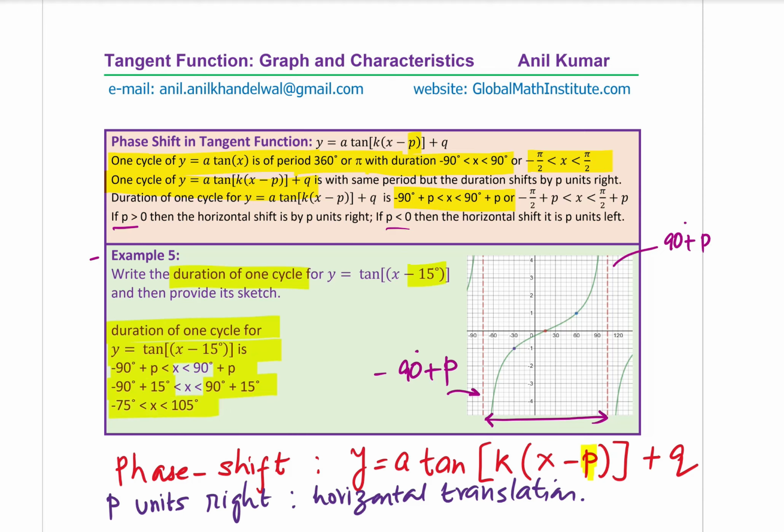So the cycle is from minus 75 to 105. The first vertical asymptote is at x equals minus 75, and the other is at 105 degrees, as shown in the graph. So it is shifted 15 degrees right, and the graph indicates the same.